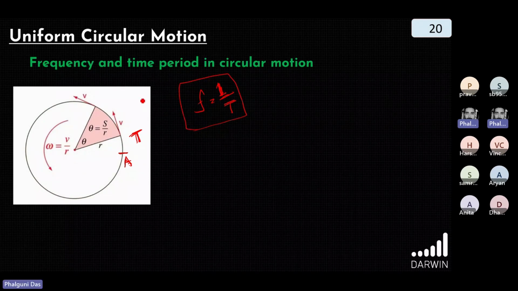Now frequency has a common unit called hertz. It has another unit called CPS, cycles per second. It sometimes has another unit called RPS, rotations per second. It can also sometimes be CPM, cycles per minute, or RPM, rotations per minute.